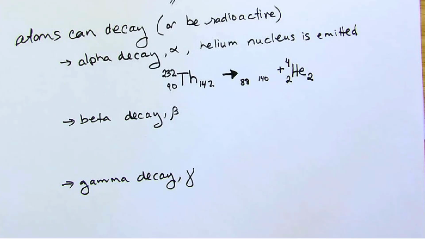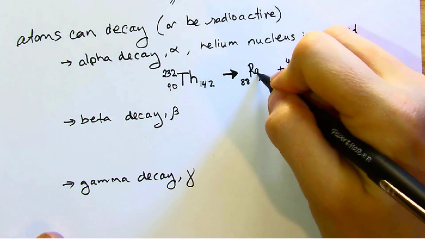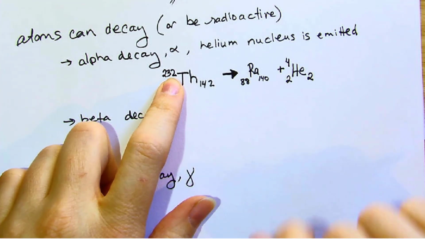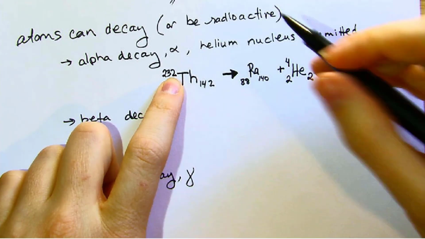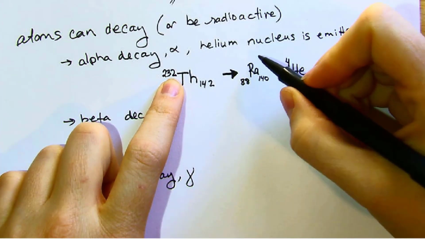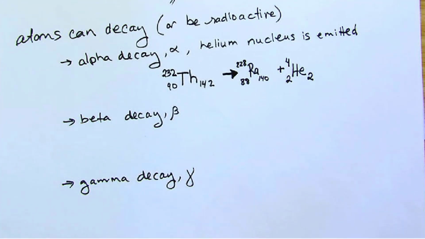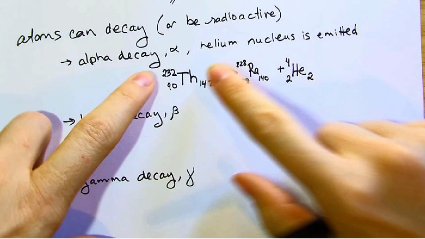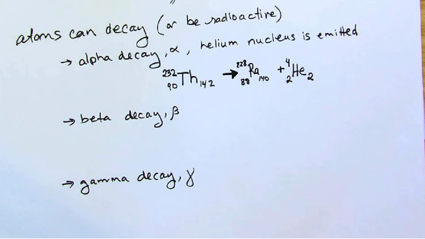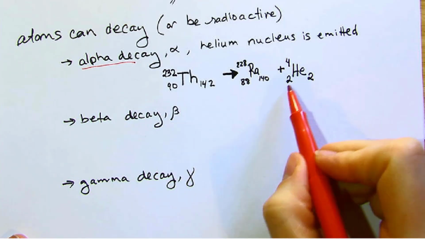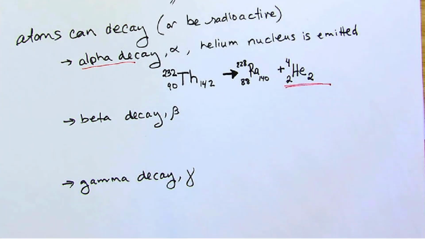Radium, abbreviation Ra, and it had 232 mass units, and it lost 4. So it's going to be 228. Right? So this is your beginning, and this is your results. And if you say it's going to do an alpha decay, you're saying one of these is going to break off. A helium is going to break off.